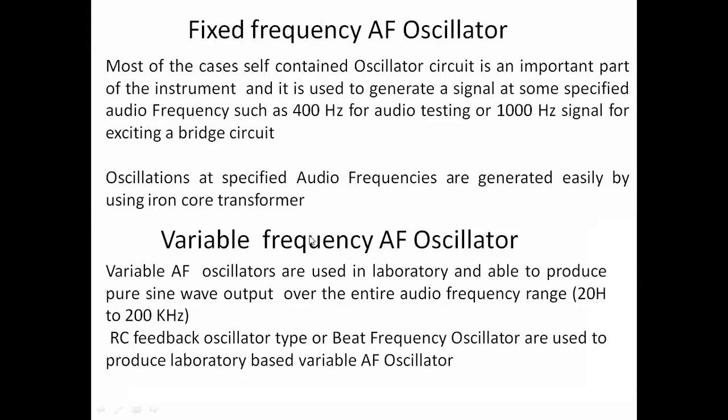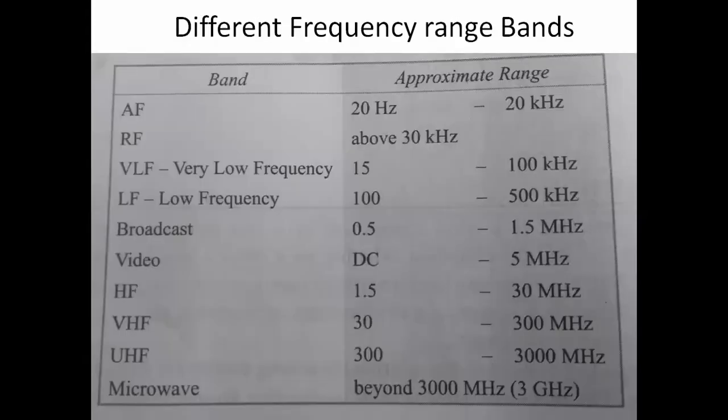With this, we will conclude today's session on signal generators and oscillators. Oscillators produce a fixed frequency, whereas signal generators produce a variable frequency, and different forms of waveforms can be produced from signal generators, whereas oscillators produce only sinusoidal signals.